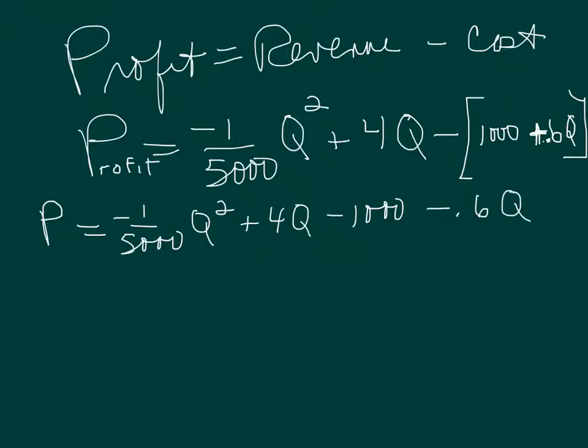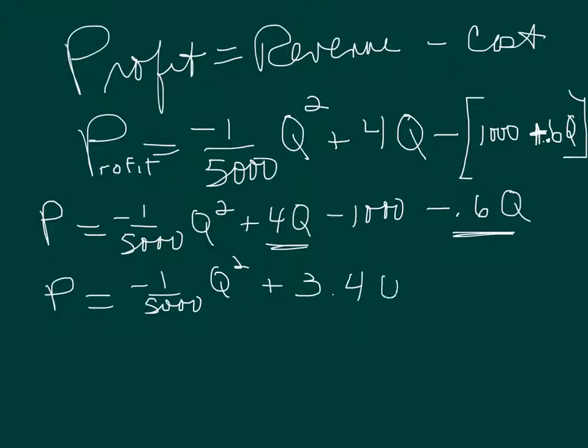So we can combine like terms because I have a Q here and a Q here. So I find that profit equals -1 over 5,000 Q squared plus 3.4Q minus 1,000. Okay, that's my profit equation.